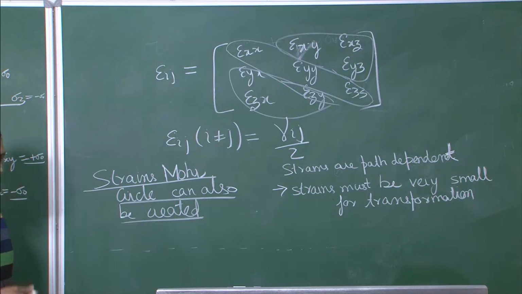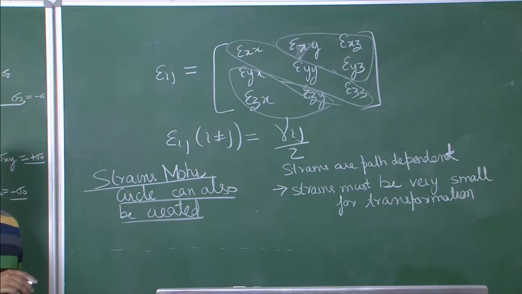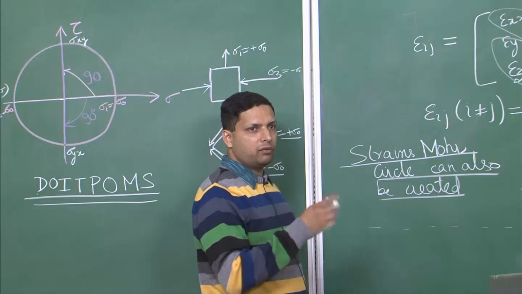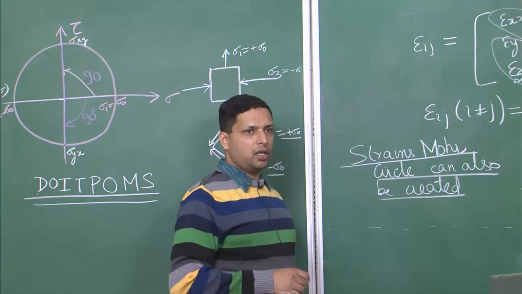So, you can have principal strains, normal strains and shear strains. You can get a particular orientation in which you have only normal strains, which are the principal strains, and in particular cases you can get only shear strains. For example, the condition we saw over here where you have some positive strains in the normal direction and negative strains in the other direction.